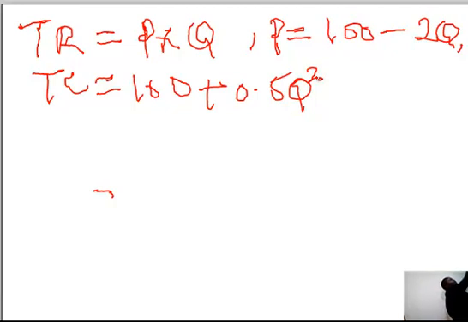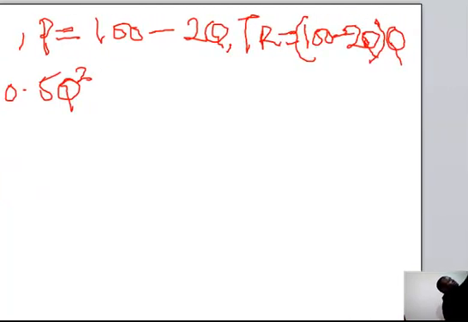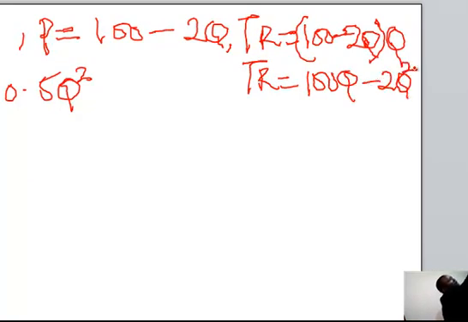So now, change in total revenue with respect to output will now be equal to, since our total revenue, don't forget, 100Q minus 2Q squared.